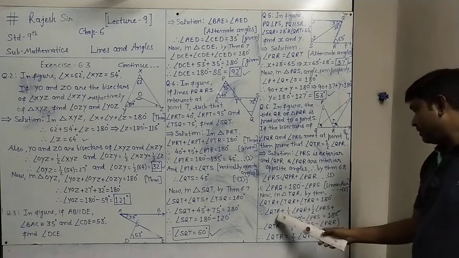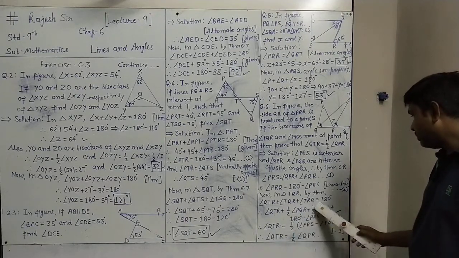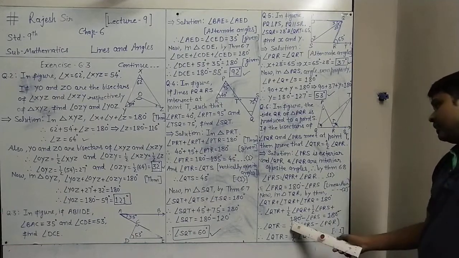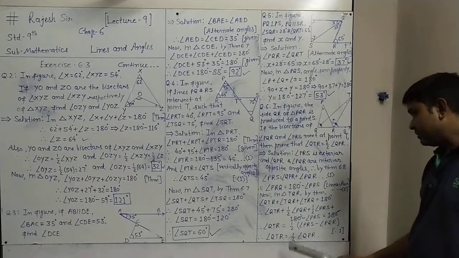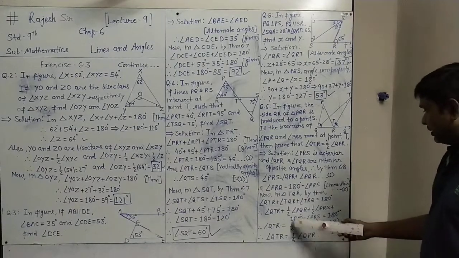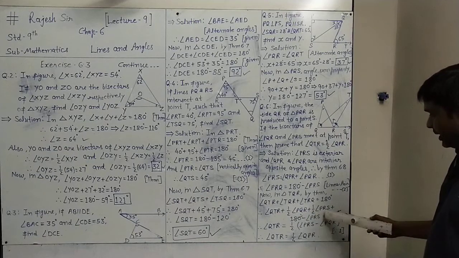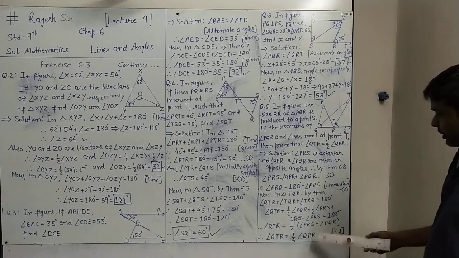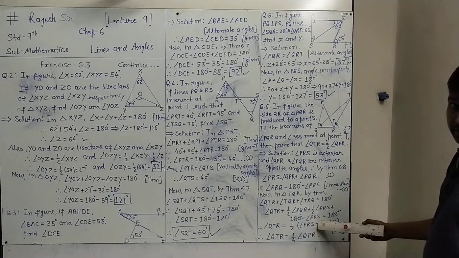Now on both sides, in place of PRQ this is written, equals 180. Now both sides 180 we can cancel. Here QTR is as it is. What we have remaining is half PQR, half PRS and minus PRS.